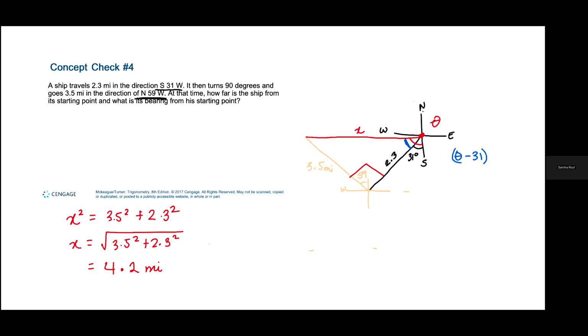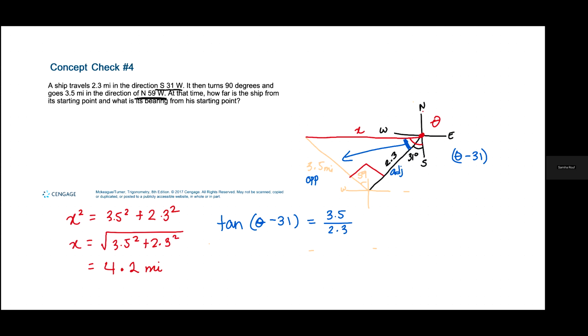That's here in blue. For this angle, the opposite side is here. The adjacent side is here. We know those lengths. So we get tangent of theta minus 31 is equal to 3.5 divided by 2.3.